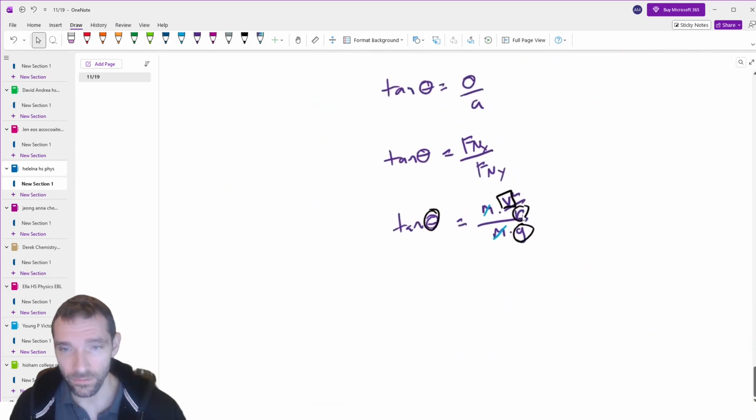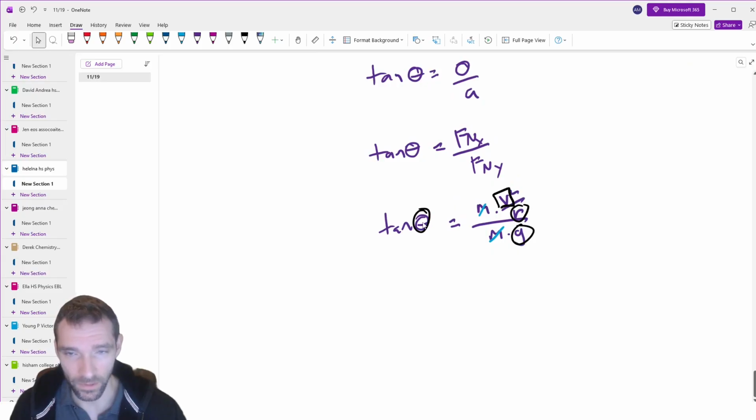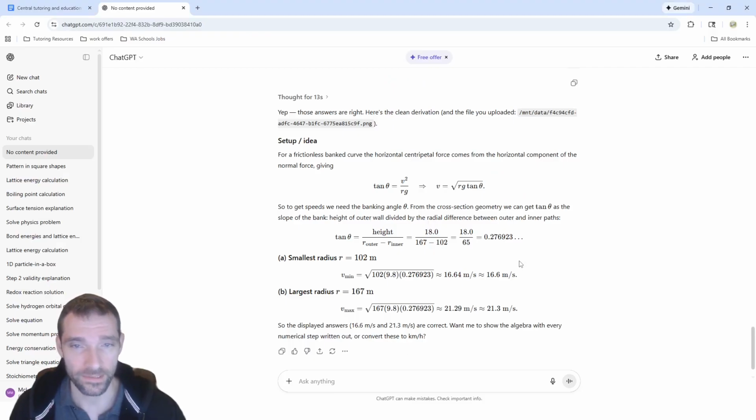So if you have those two formulas and you also know what theta is, you can then solve for the velocity. So that's essentially what they did here, but it's just so condensed down.